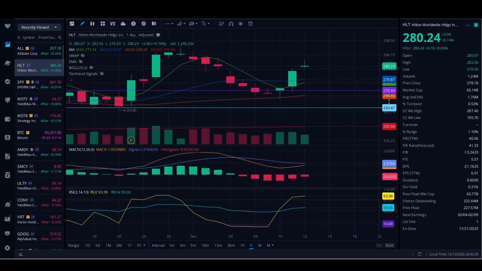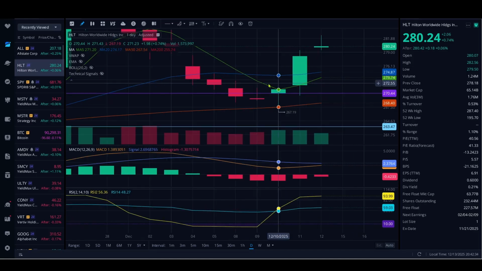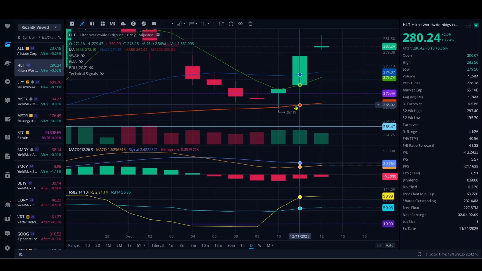If I zoom in a little bit more, you can see that the green line and the top of that candle are pretty much the same spot. So I'm just going to hold off right now because I don't know if the next day is going to come down and give me another buy point, or move up and we can start setting our stops to get out.